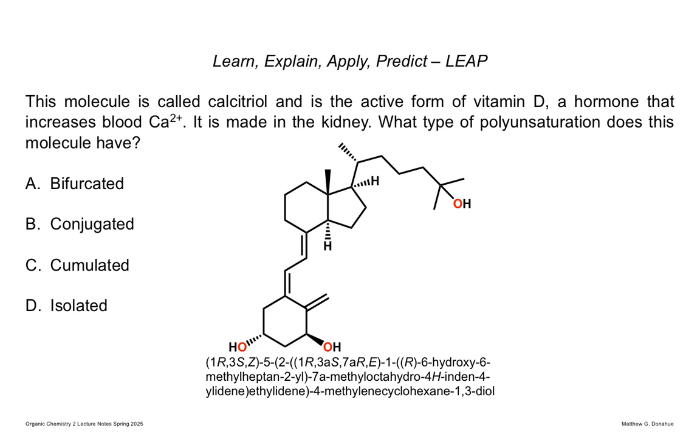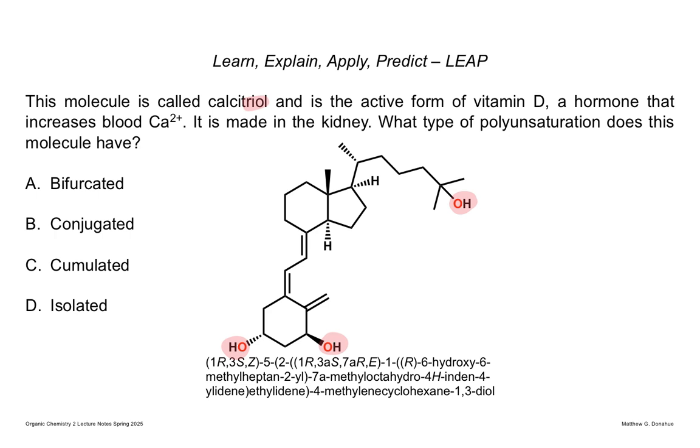The molecule shown here is called calcitriol, and you can see 1, 2, 3 alcohols. That's where the triol part comes from, and it is the active form of vitamin D, a hormone that increases calcium 2+ ions in blood. So it's made in the kidney, and the question asks, what type of polyunsaturation does this molecule have?